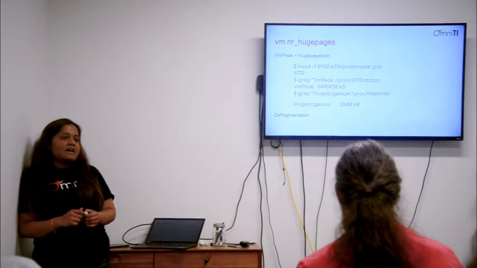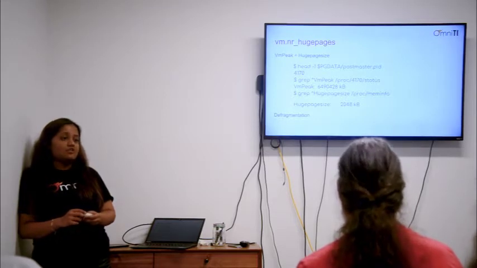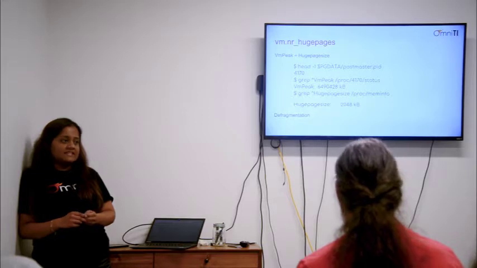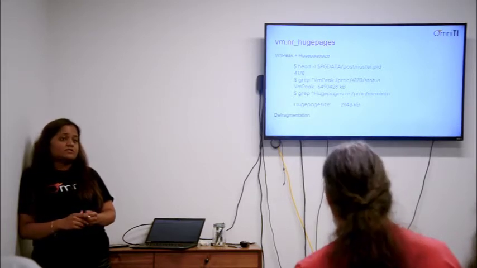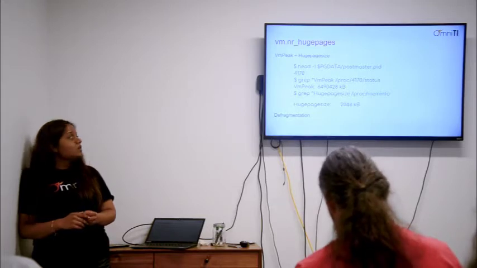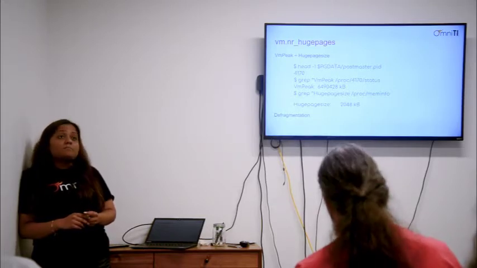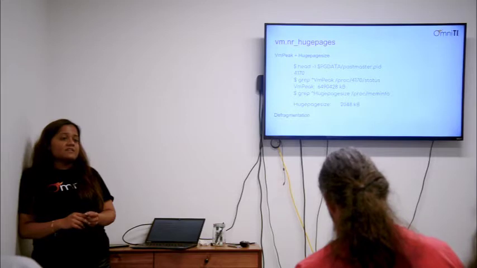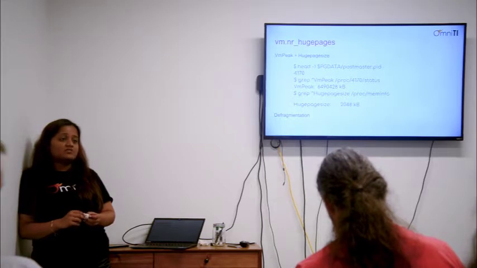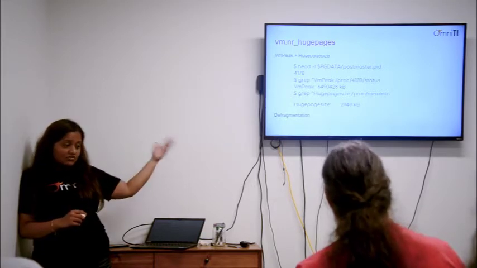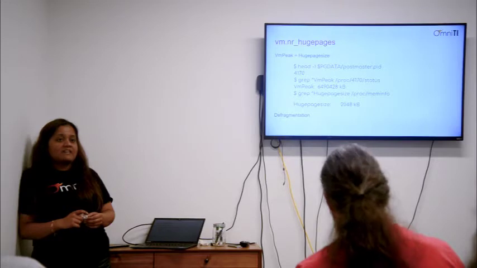One thing to keep in mind is if you set huge pages to something that's lower than what Postgres needs or wants to use, Postgres will fail to start. So you want to set it very carefully. But from 9.4 onwards, there's a Postgres config parameter that lets you set whether or not you want to use huge pages, and the default value for that is try.